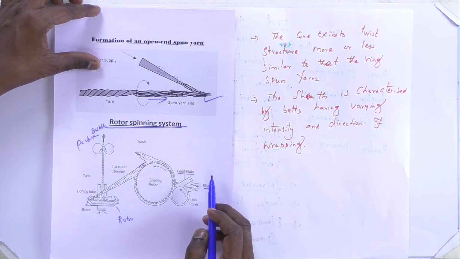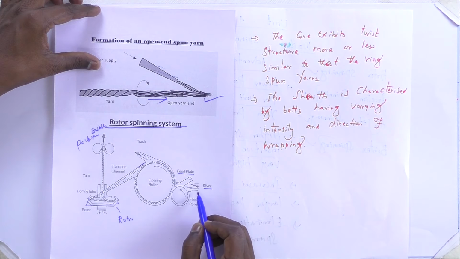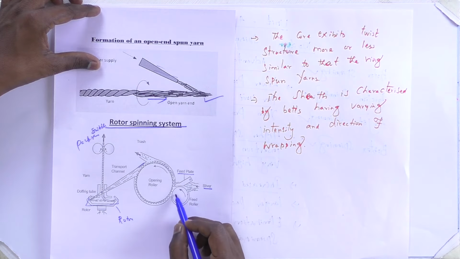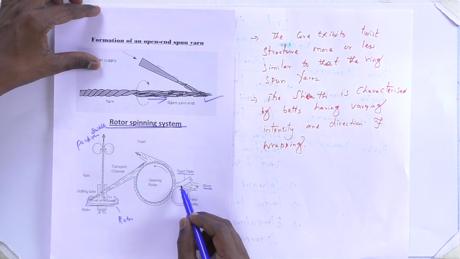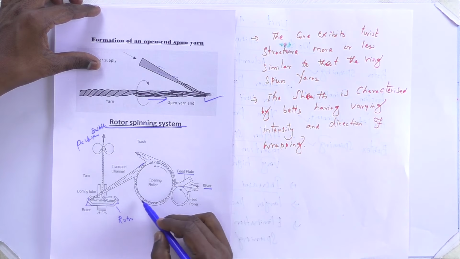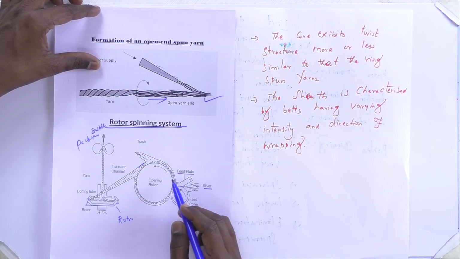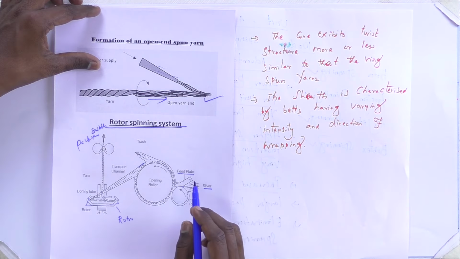How does rotor spinning work? Here we feed high quality draw frame sliver. The feed roller feeds the draw frame sliver, and the feed plate guides it towards the opening roller. The construction of the opening roller looks like the licker-in in a carding machine.